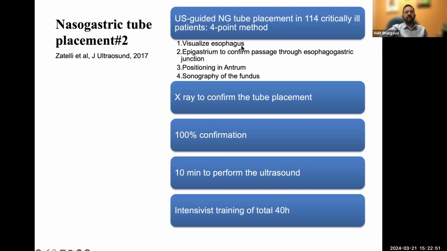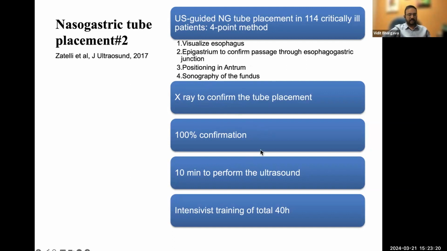So instead of looking for the airway and endotracheal tube placement, here you're getting the same view, but you're looking at the esophagus and distension of the esophagus when you place a big enough feeding tube. Then you're looking in the epigastric area to confirm passage through the esophagogastric junction, then positioning in the fundus, in the antrum, and finally sonography of the fundus. And they finally used an X-ray to confirm tube placement.